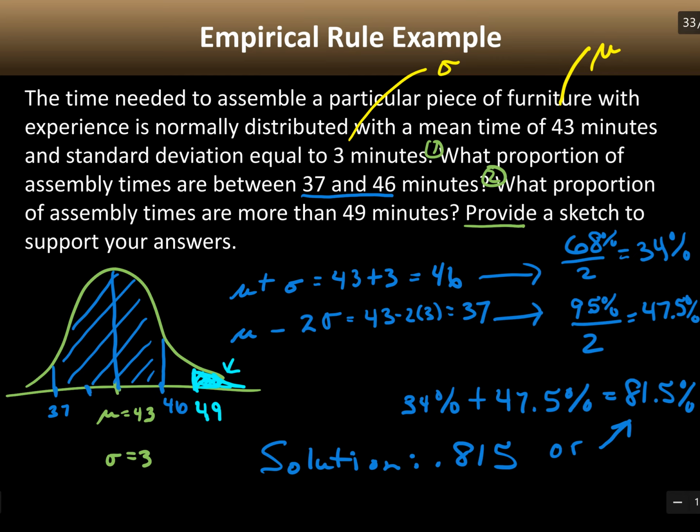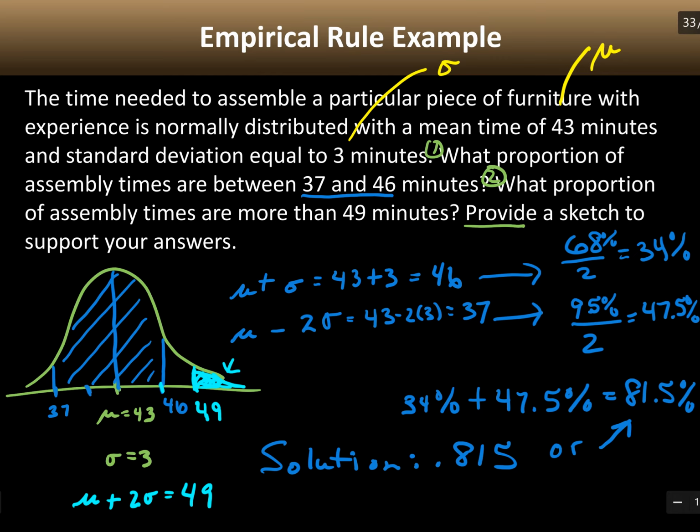Well, how far away from the mean is 49? Are we 2 standard deviations above? Well, 1 standard deviation above gave us 46. 2 standard deviations above will give us 49, right? Mu is 43, plus 2 times 3 is 6, so 43 plus 6 gives us 49.